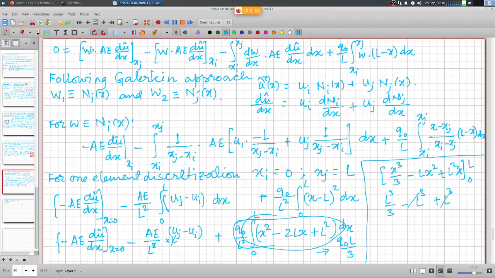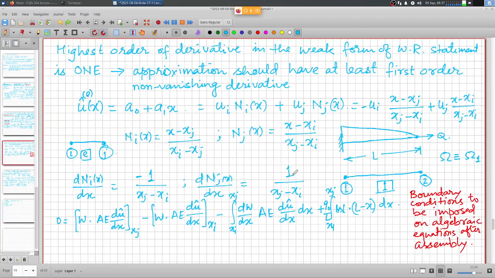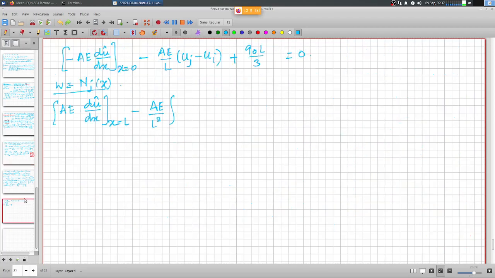So this term will evaluate to AE times du by dx at x is equal to L, minus, we will again have this AE times L square, dnj by dx is 1 over xj minus xi.